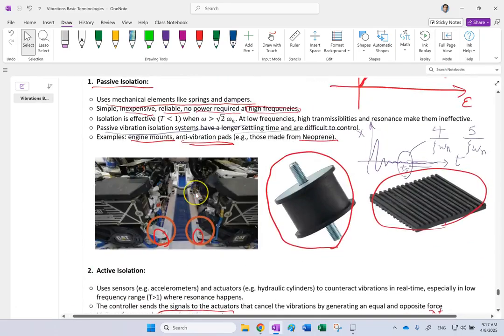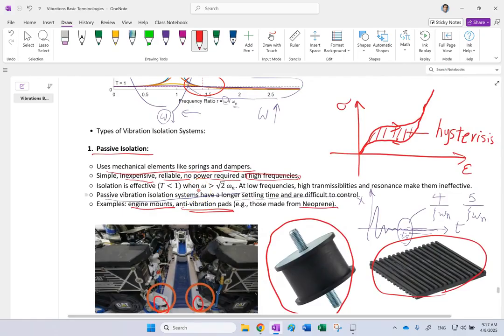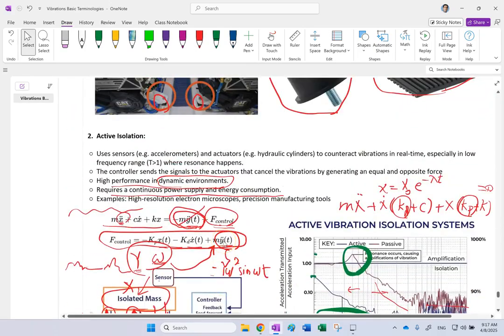Because in a passive system, you pick the C and K based on what you think the omega is going to be. So if omega changes, whatever design you had for C and K will now not be super useful, because you designed it for one omega, now you have another omega, so the system will not do a great job. And as we said, in low frequencies, these systems will mostly not have resonance.